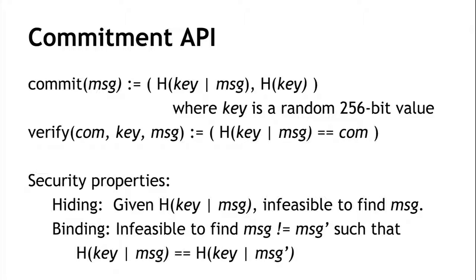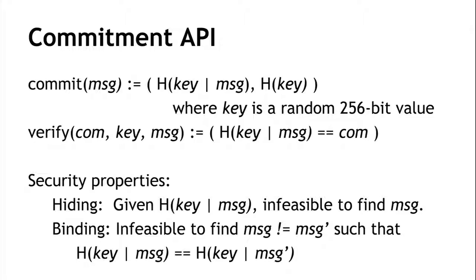So this is exactly the hiding property. And this one down here turns out to be exactly the collision-free property. So that if someone can find two messages which have the same hash like this, well, then they have an input value here and an input value there that are different, and yet those have the same hash. And so because of the two security properties we've talked about for hashes so far, this commitment scheme will work in the sense that it will have the necessary security properties.